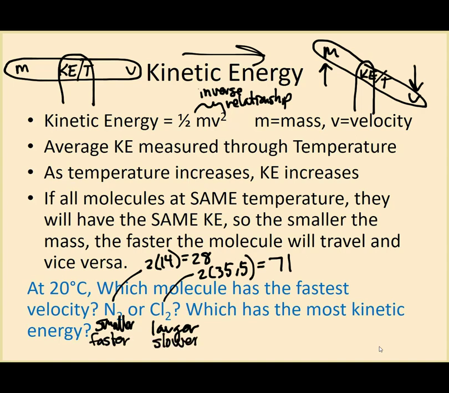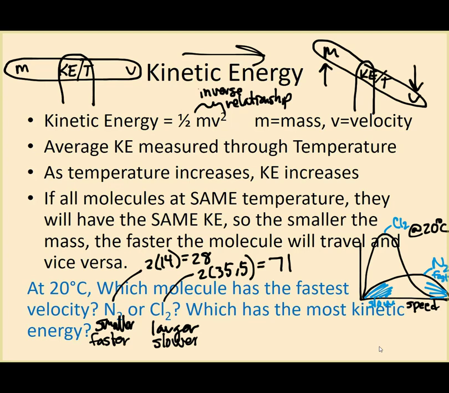We have done Maxwell-Boltzmann plots before. And if I just sketch it out over here on the right hand side, so at 20 degrees Celsius, we see that nitrogen and the chlorine gas, they do have a distribution of speeds. So nitrogen does have some right here that are going slow, and it has some over here that are going fast. But overall, when you take the temperature, you get an average, a little glimpse of their speed.